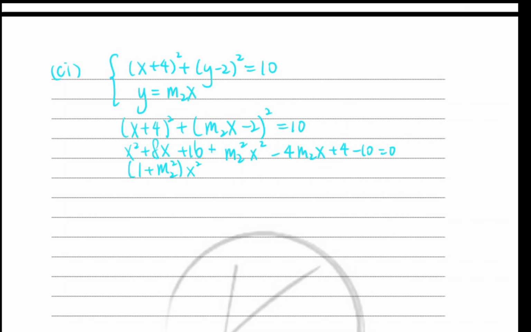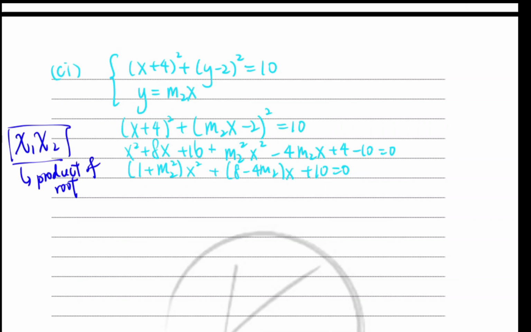The steps are similar to the one in part B. And then for our conclusion, we need to have x1 times x2, right? So we call this one the product of root. So in S4, we know that the product of root is actually equals to C over A, right?